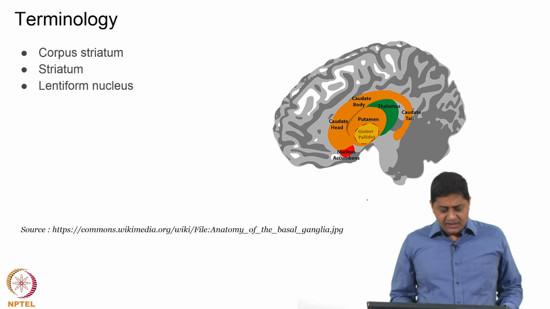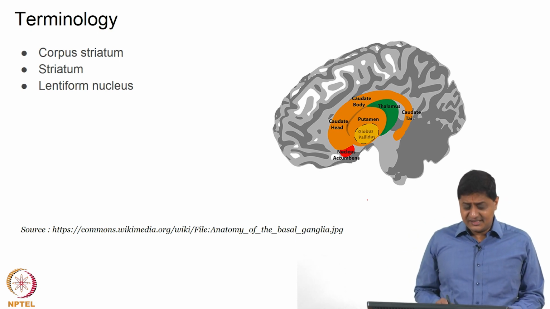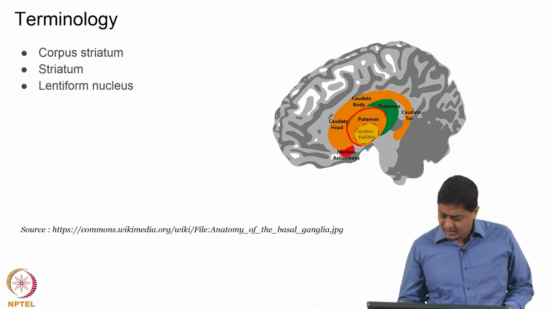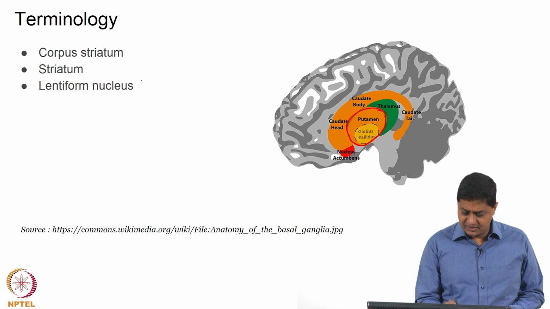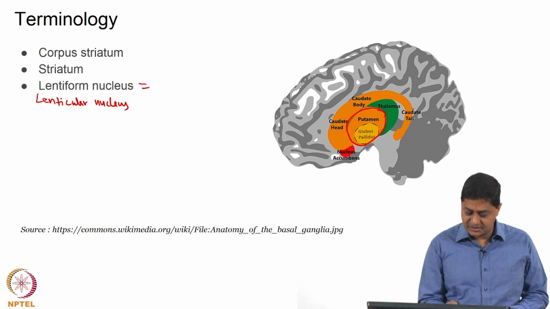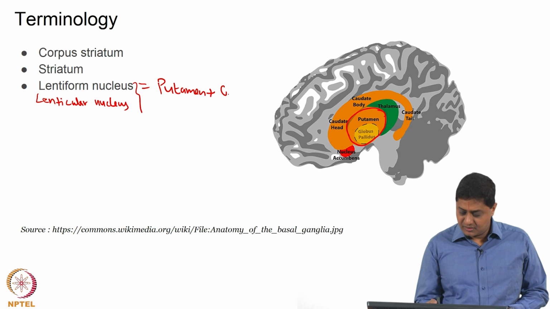There are several terminologies that are used in several texts. Traditionally, the putamen and globus pallidus together are called lentiform, or in fact, some texts refer to this as the lenticular nucleus. This is basically putamen plus globus pallidus.